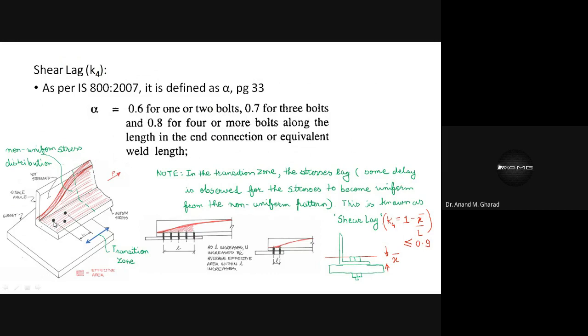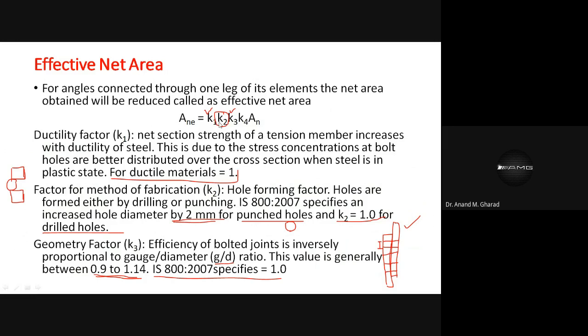Okay? So for the net effective area for this connection or the bolt hole, as per IS code, it uses all these coefficients, that is K1, K2, K3, K4, and this AN is the theoretical net area, whatever we calculate. But this theoretical net area should have all these coefficients multiplied to it, so that we will get a logical effective net area.